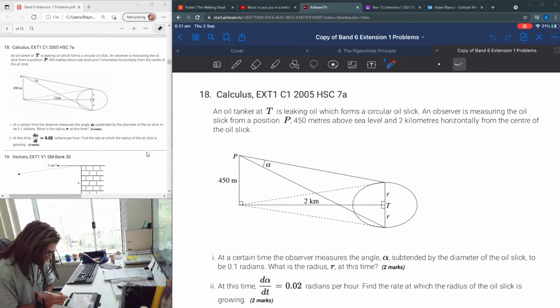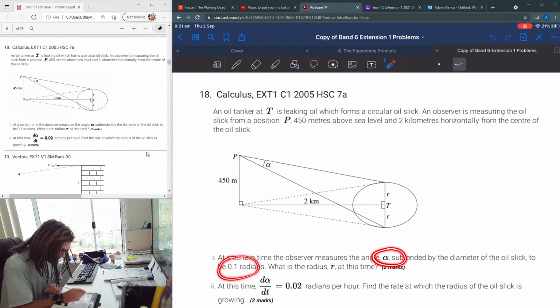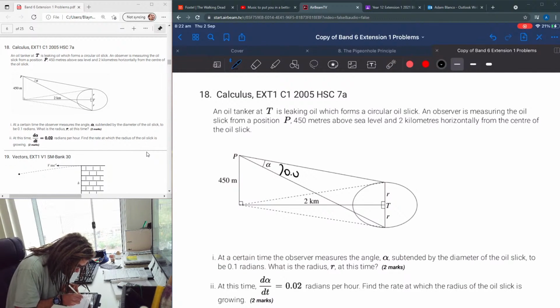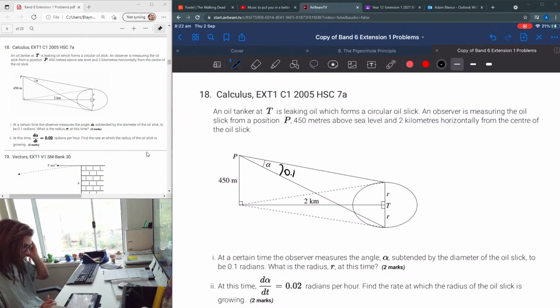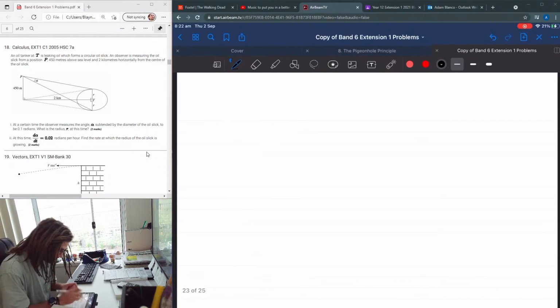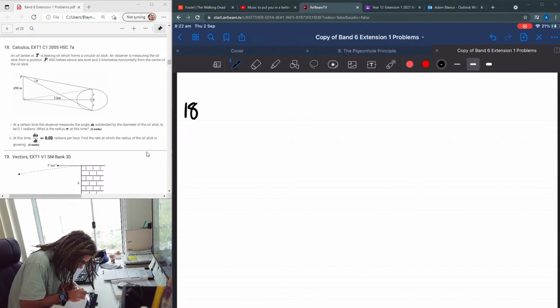But we're trying to find, I'm just going to redraw the triangle.